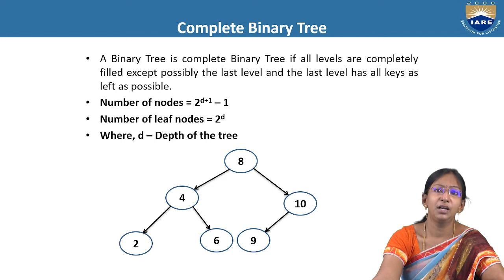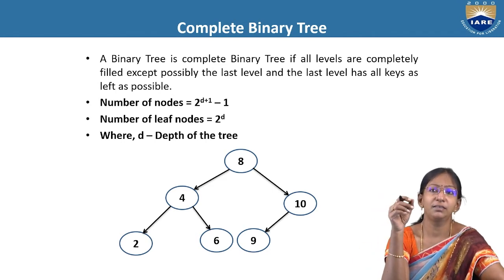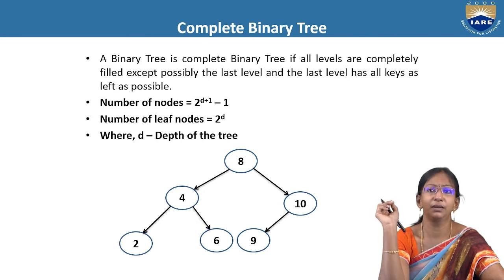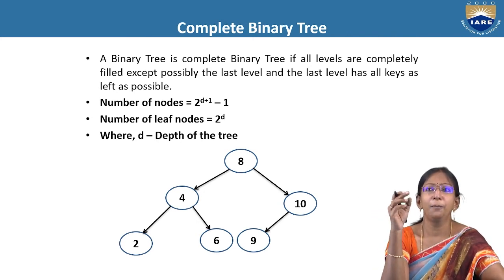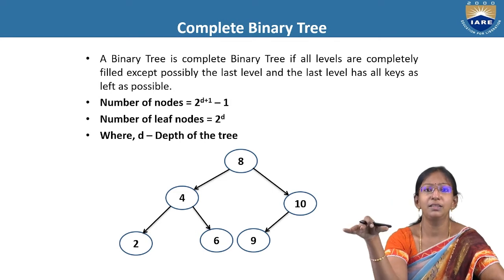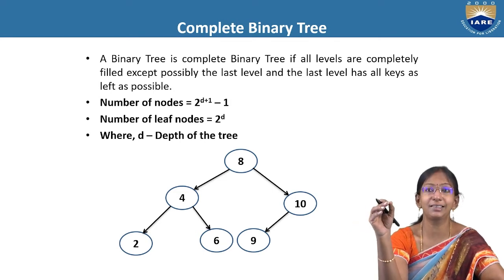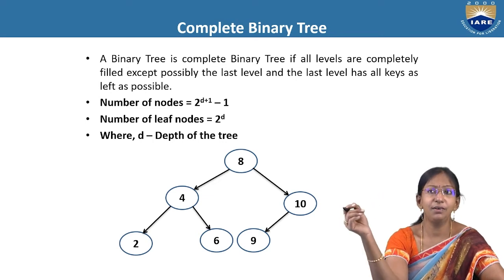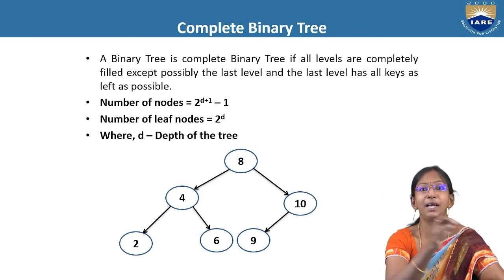Complete binary tree. A complete binary tree says that all the leaf nodes will be at the same level. Okay, so have a look at this one. A binary tree will be called a complete binary tree if all levels are completely filled except possibly the last level, and in the last level, all the keys are as left as possible.